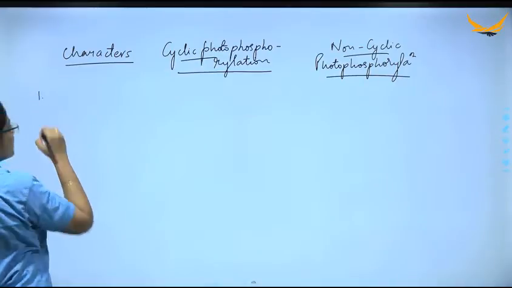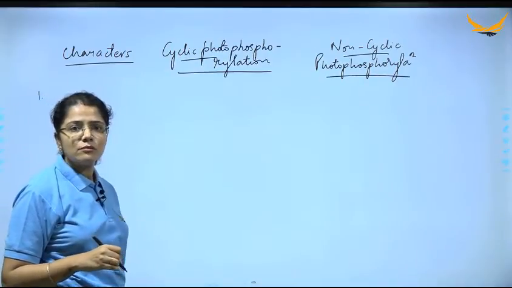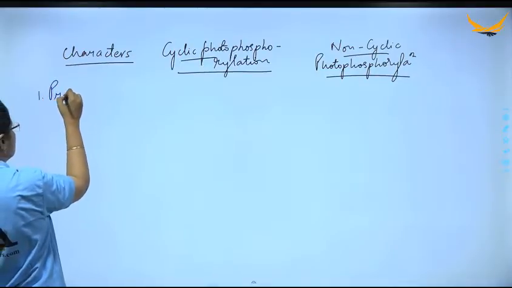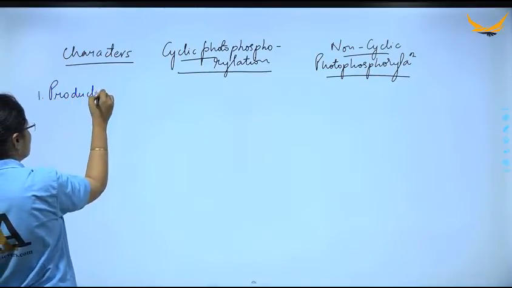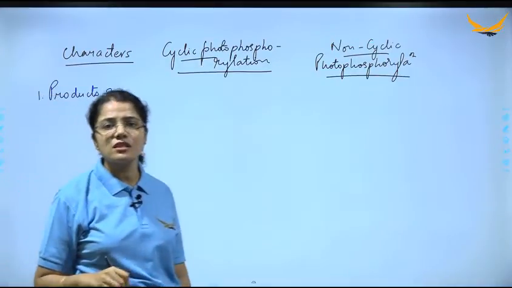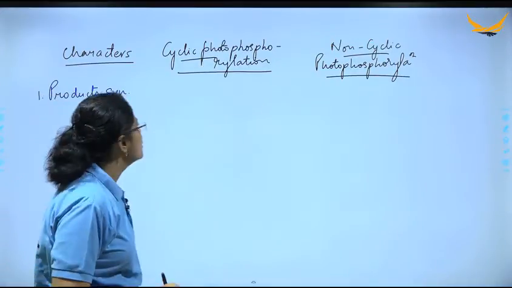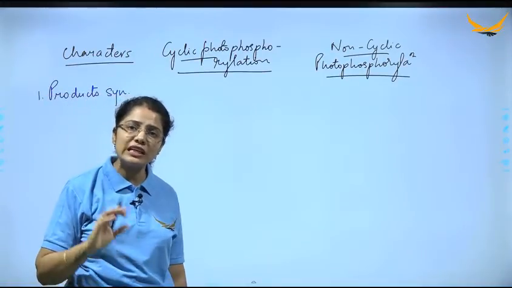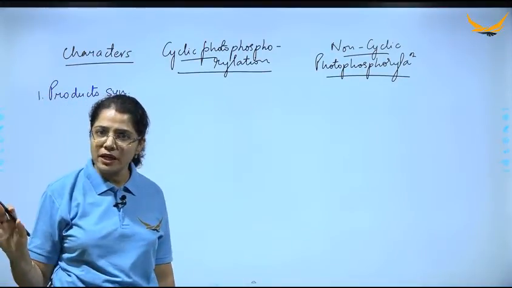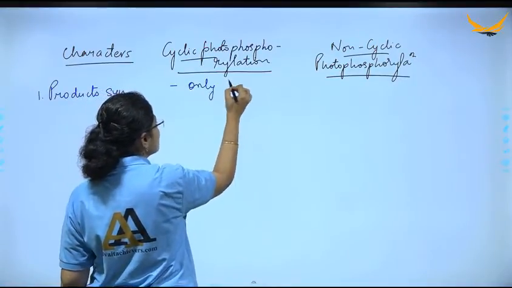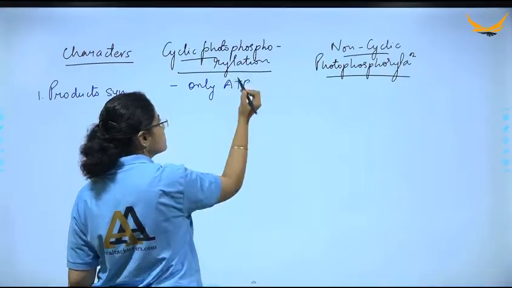Say the first character we can compare is the products synthesized. So in case of cyclic photophosphorylation, we know that only ATP is formed. NADPH2 नहीं बनता. So we can say only ATP, right?